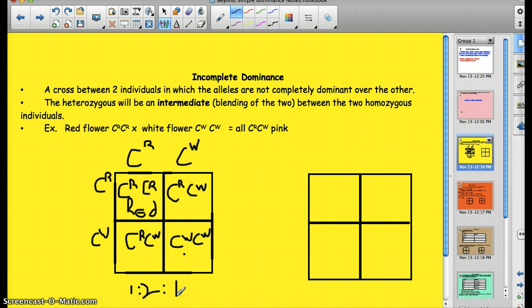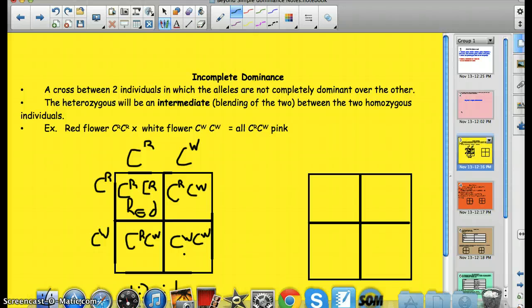Now, the next one we're going to look at is, I want you to cross on your paper, and I'm going to give you time to do it. It says cross a pink flower with a white flower. So I want you to take some time now. I'm going to pause the video, and I want you to do that one.